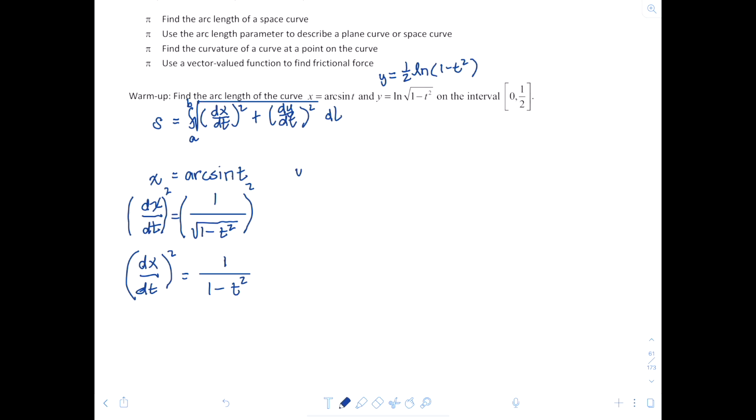So our y is 1/2 times natural log of 1 minus t squared, and so dy/dt squared will be, the 1/2 will go along for the ride, times 2t over 1 minus t squared, and that whole thing will be squared.